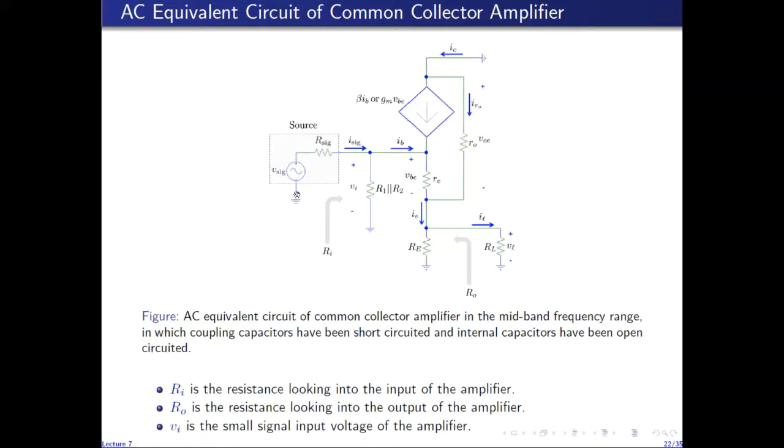So when we short circuit Vsig instead of short circuiting Vi, then this end of Rsig will be connected to ground. The other end is connected to the base, so this makes Rsig come in parallel with this resistance. So the base terminal is not grounded anymore. In fact, it will have a resistor whose equivalent resistance will be given by R1 in parallel with R2 in parallel with Rsig.